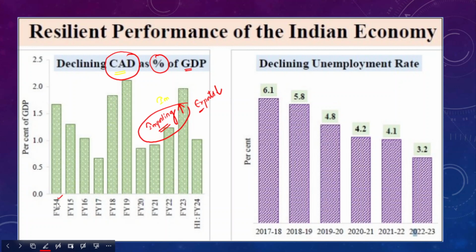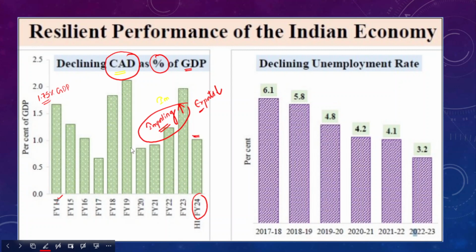So in the financial year 2014, it was around 1.75 percent of GDP. Okay, so however, if you look at the financial year 24, even though we are still importing more than our exports, you can see a declining trend.